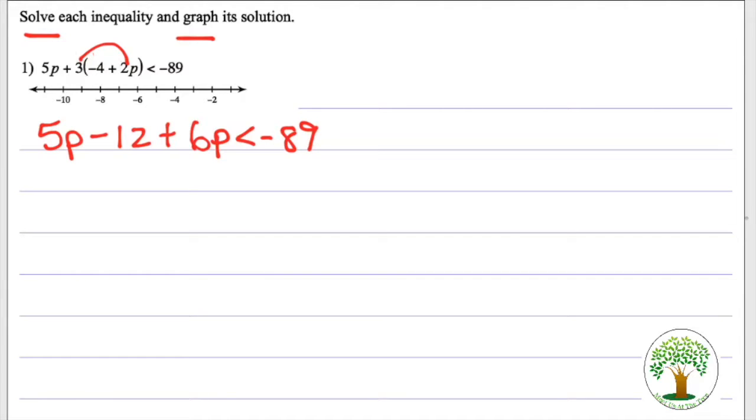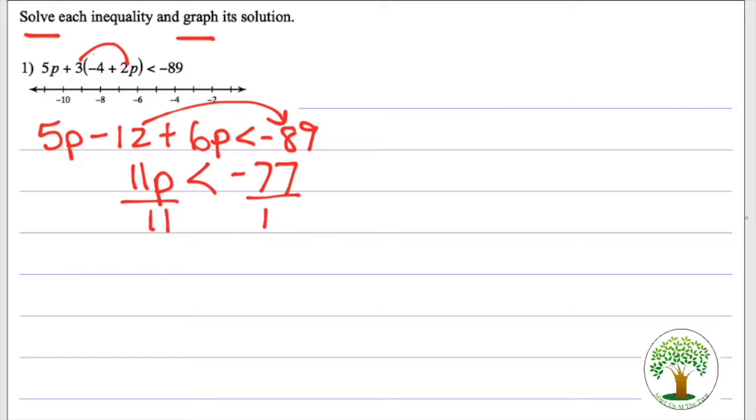Okay, now, our rule said that we could move things, add and subtract, no problem, to the other side. So we're going to add the 12 to the other side, and I'm also going to combine those. That's not going to be a problem. So I'll have 11p, keep my inequality. We're going to add that 12 to the other side, and we'll get -77. So let's divide by 11.